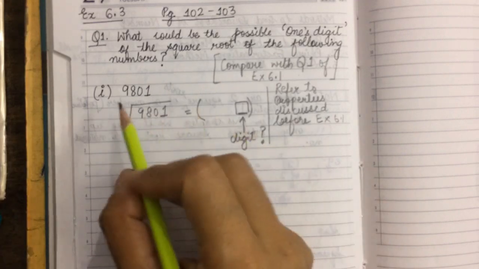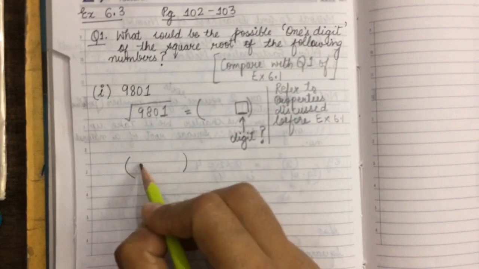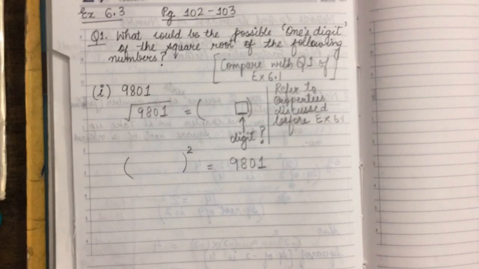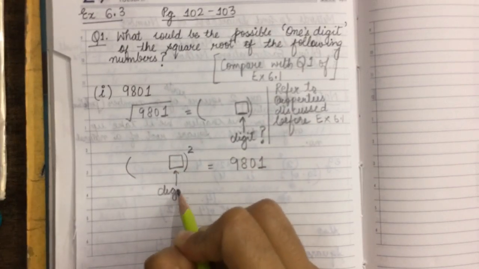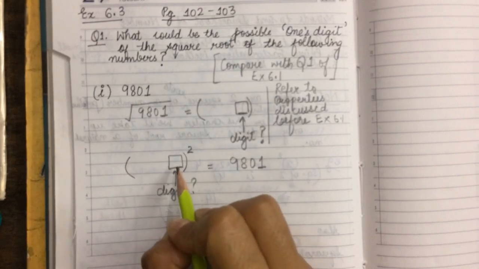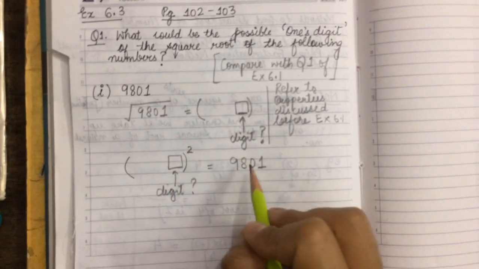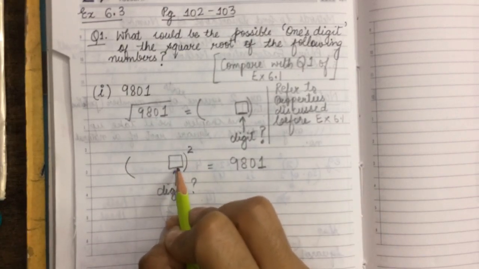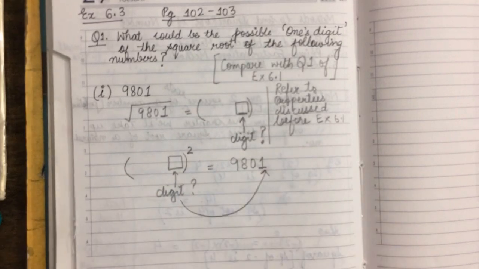I can also write this same mathematical relation this way. So there is a number which on squaring gives me the answer 9801, and I want to find out the digit present here at the last place, the ones place. What is the digit here? And the number on squaring gives me 9801. So I will be only looking at the last digit, because the last digit gives me the last digit over here.